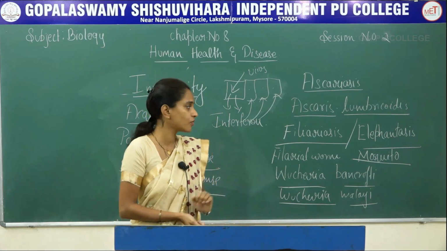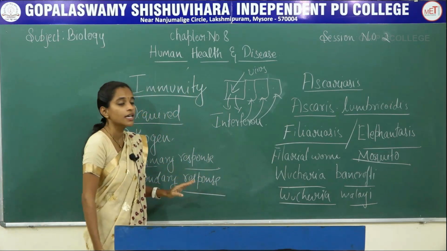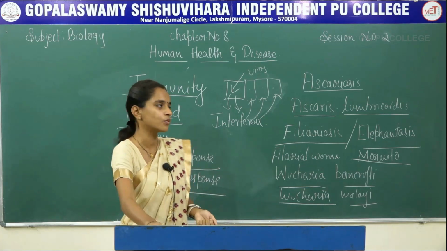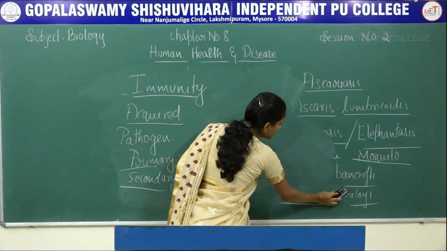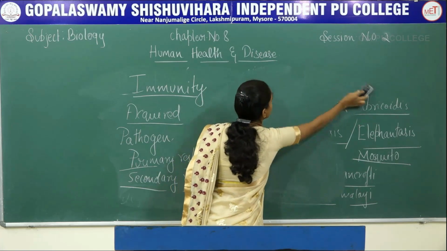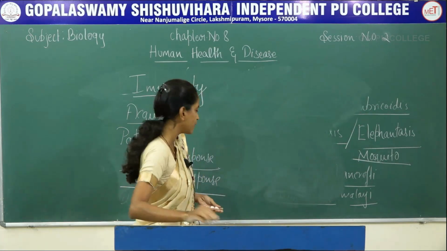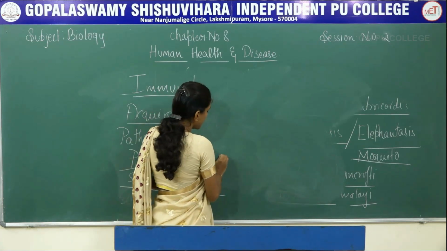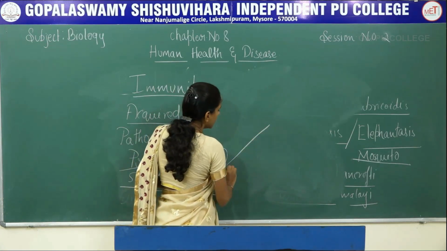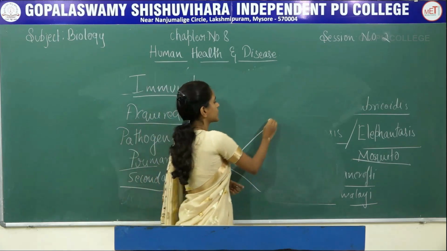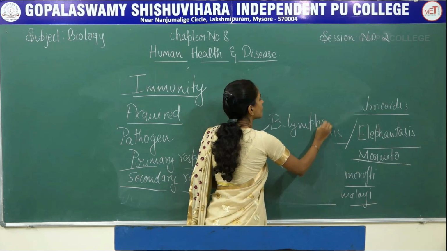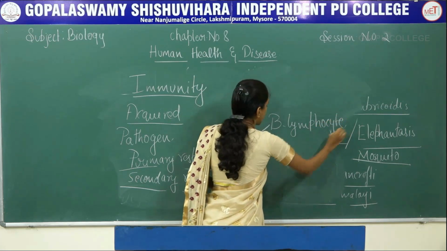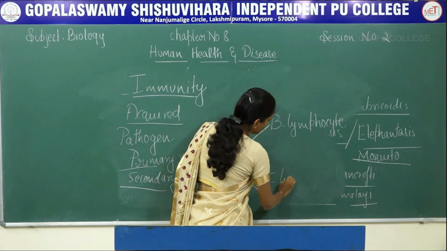Now in case of this primary and secondary response, there are different forms of cells involved. The cells involved are B cells and T cells, that is B lymphocytes and T lymphocytes. Primary and secondary response is mainly because of these two different types of cells, B lymphocyte and T lymphocyte.